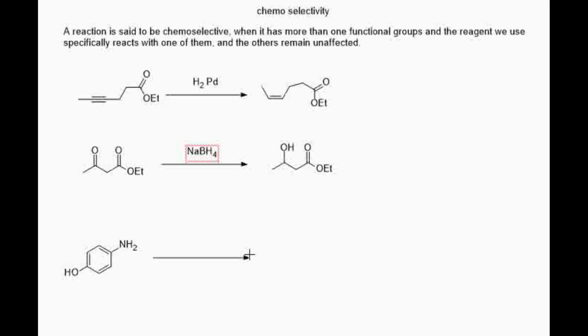As we can see, both have lone pairs, and we're going to add an electrophile. In this case, let's add just a simple ester, here an O, and here OEt.